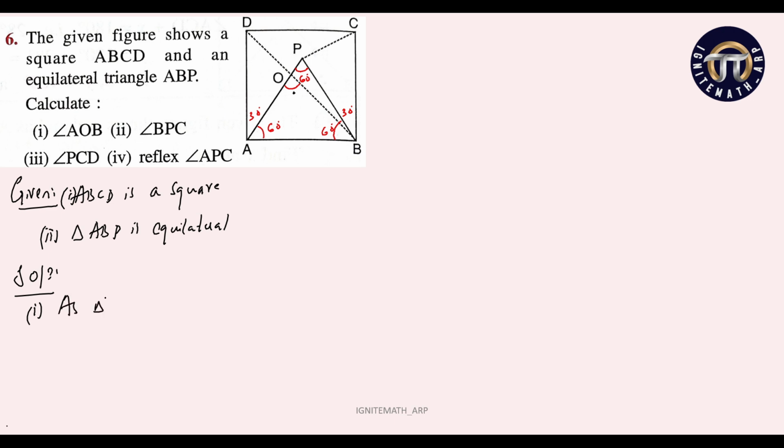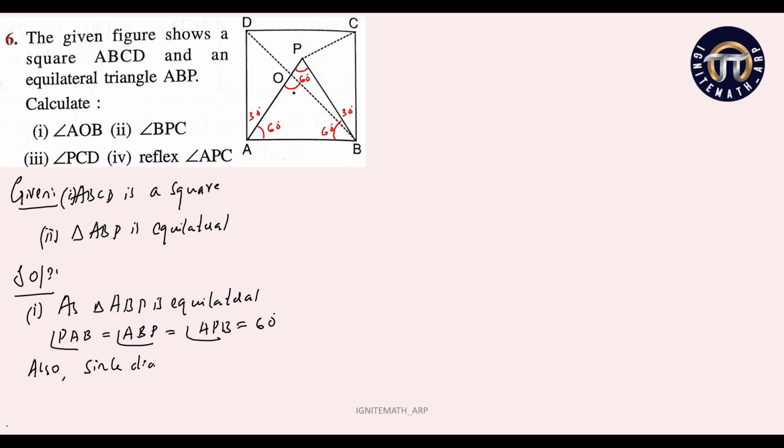As triangle ABP is equilateral, I can say angle ABP is equal to angle APB is equal to 60 degrees. Clear?